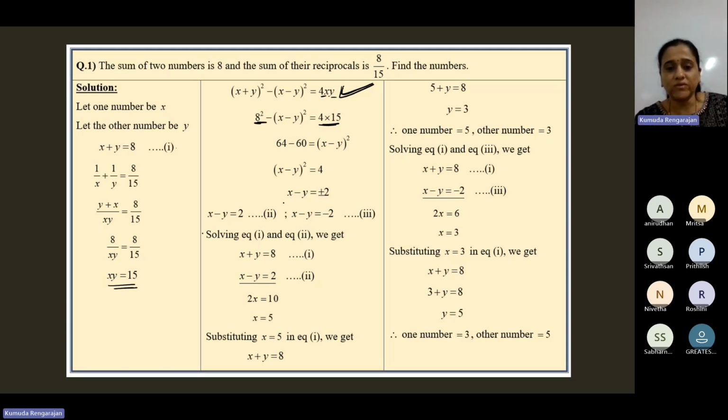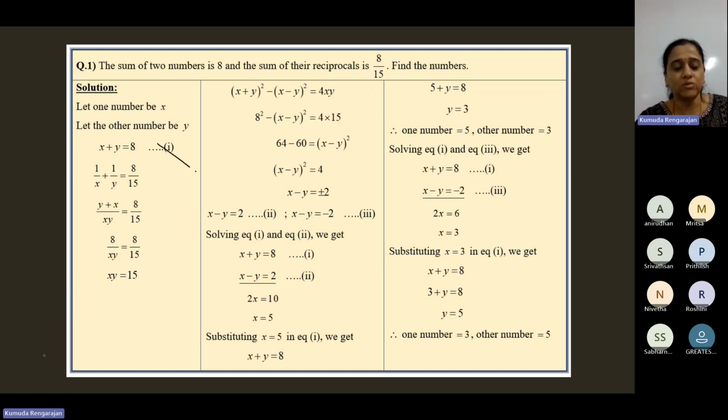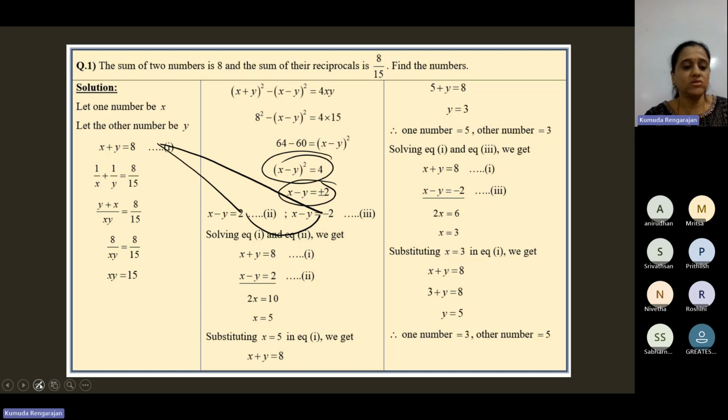So we have two equations now: x minus y is equal to 2, or x minus y is equal to -2. You must not solve these two equations together. You must solve equation 1 and equation 2, and equation 1 and equation 3. Do not solve 2 and 3 because that's from the same thing, no? So don't solve 2 and 3.